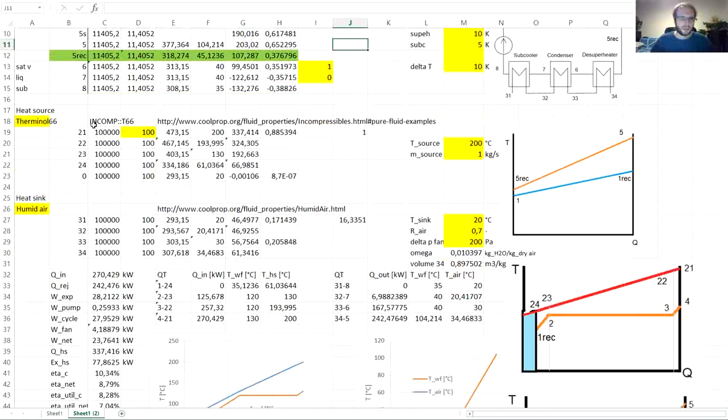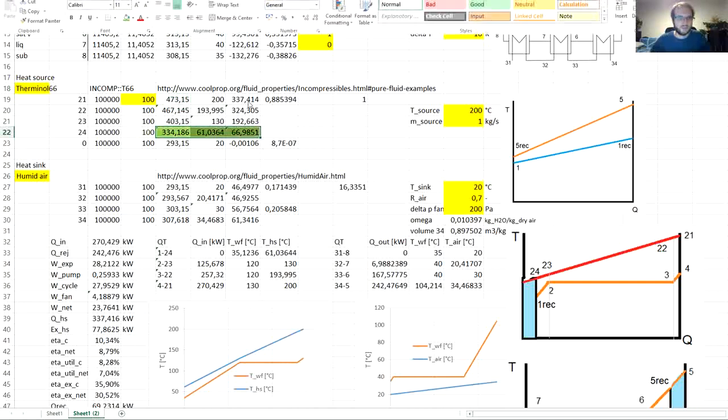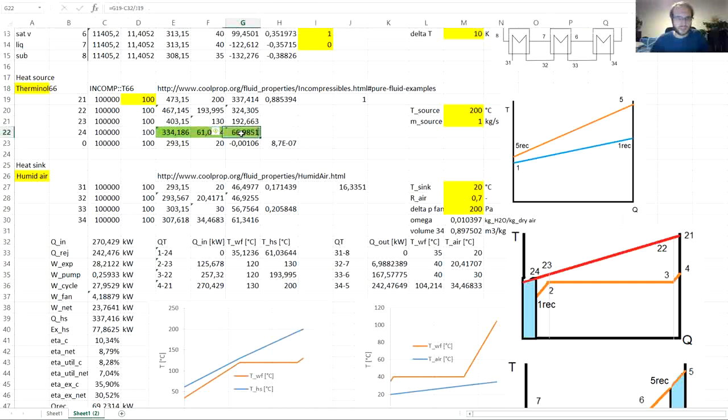Now let's go to the heat source and heat sink. First, at the heat source the point 24 shifted, so there will be difference in these values. Where the enthalpy at the point 24 is calculated from heat input.